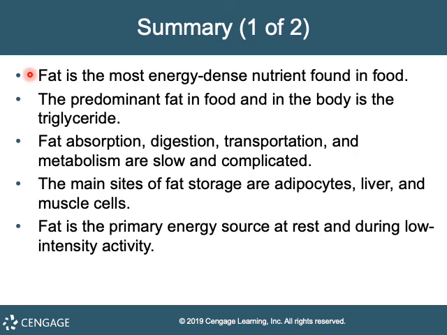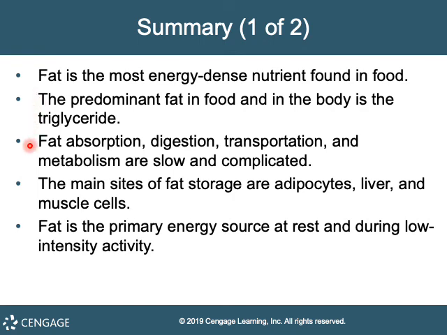In summary, fat is the most energy-dense nutrient found in food. Remember, 9 kilocalories per gram, and it metabolizes to make about 129 ATP versus the 36 to 38 that carbohydrate will make. The predominant fat in food and in the body is triglyceride.